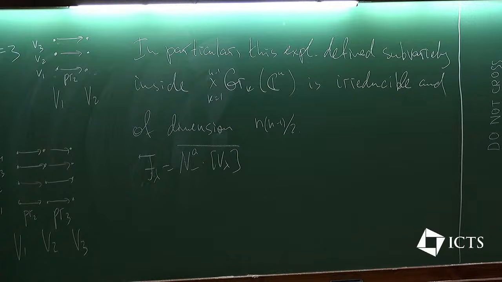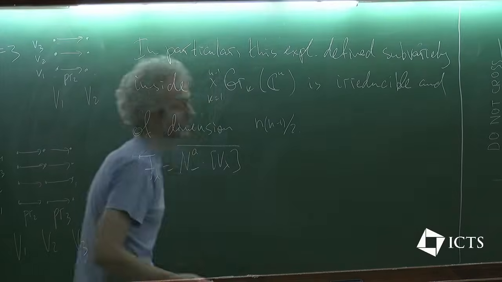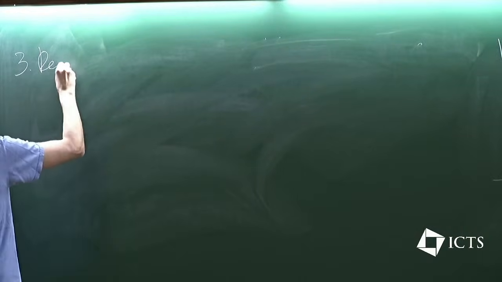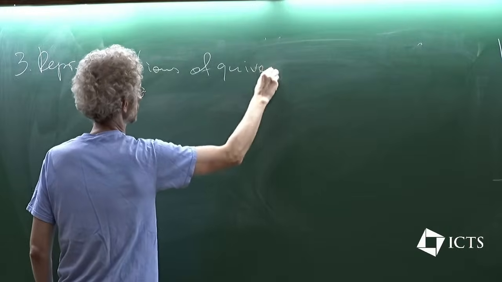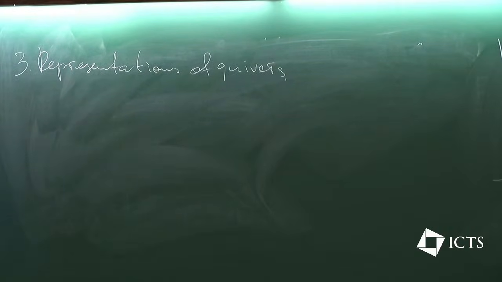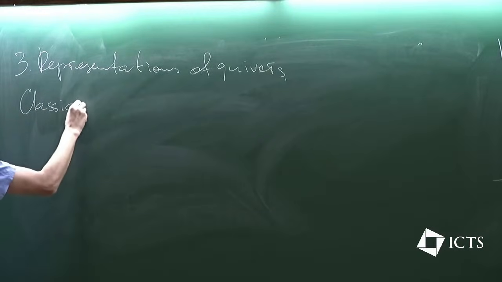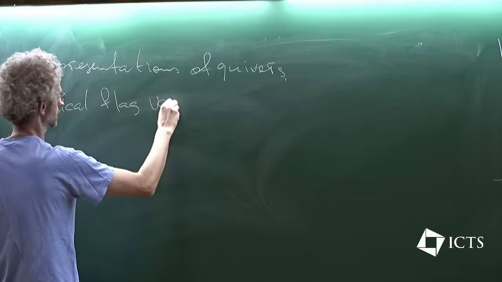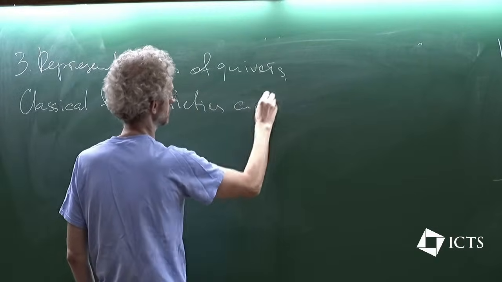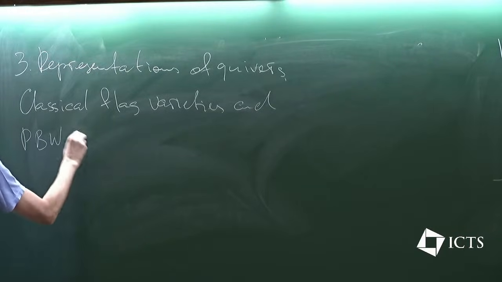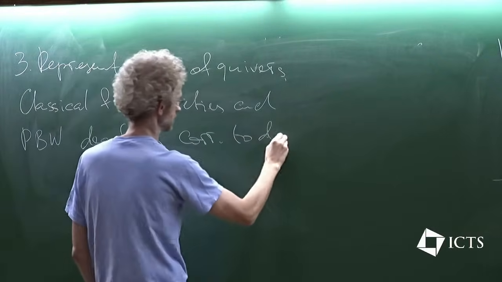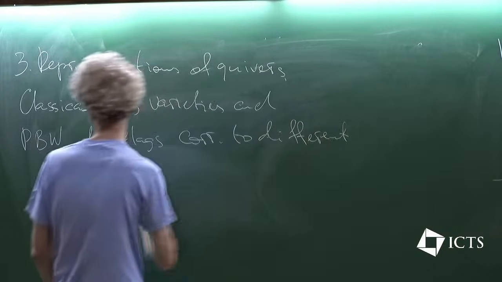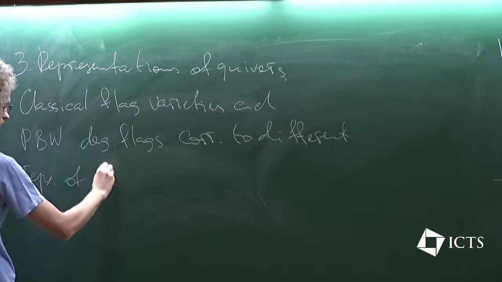For those familiar with the representation theory of quivers: the two maps we had there, the classical flag varieties and these EBW degenerate flag varieties, somehow correspond to different representations of the equioriented type A quiver.